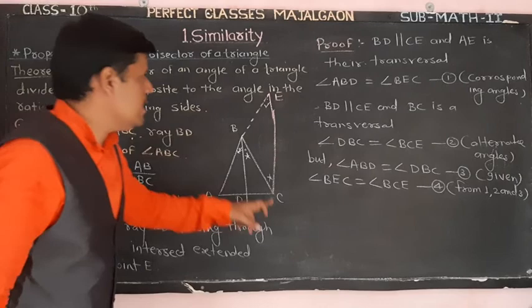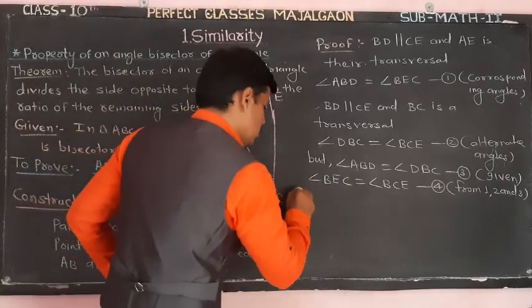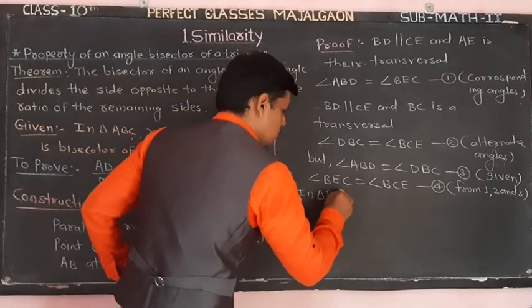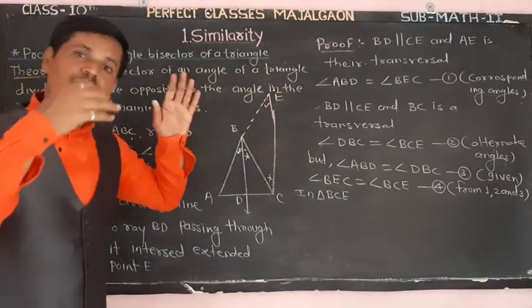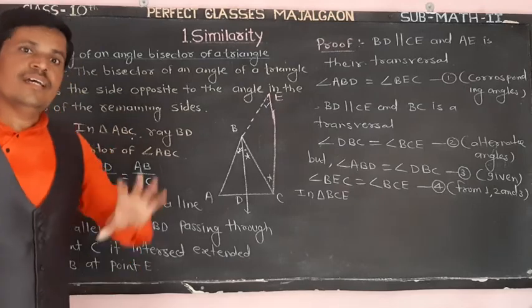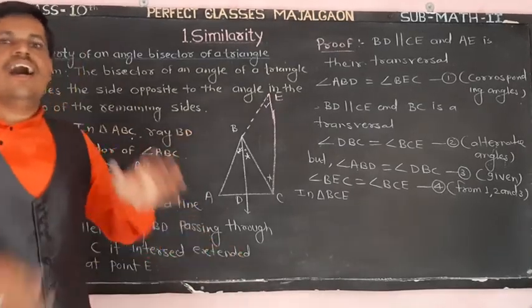Now in triangle BCE, these two angles are the same. If two angles of a triangle are equal, then the sides opposite to those angles are also equal.